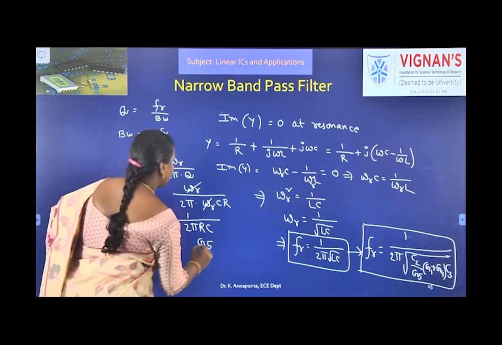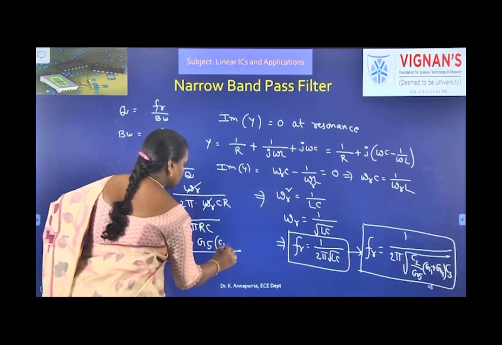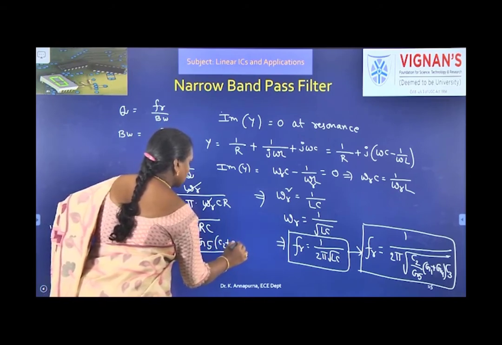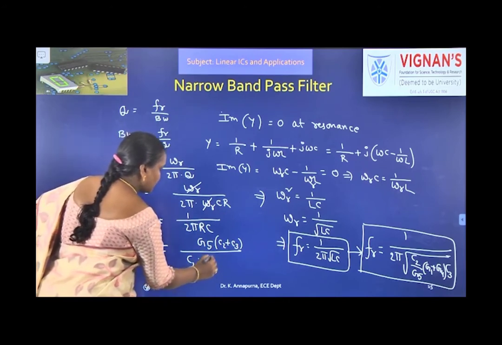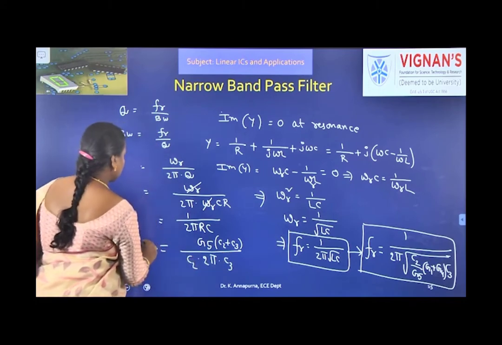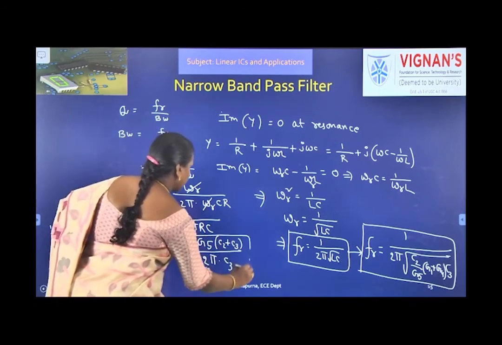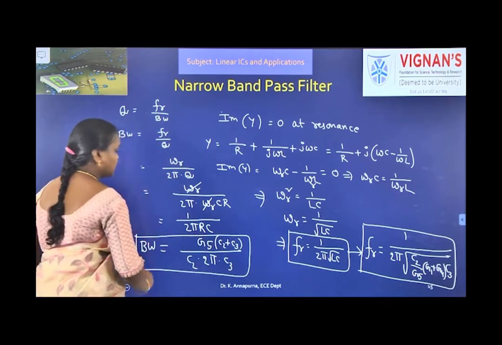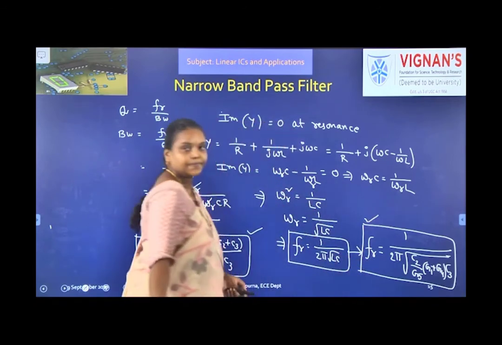Just replacing 1 by R value, into 2 pi into C, means C3. So this is the bandwidth expression for narrow band pass filter. So these two we have to remember.